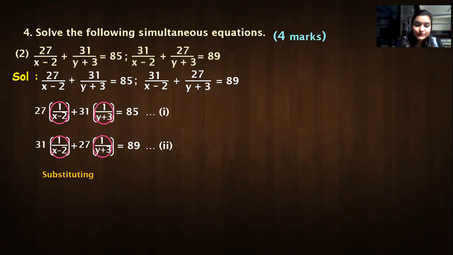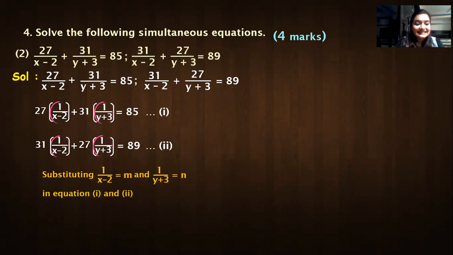So substituting 1 upon x minus 2 as m and 1 upon y plus 3 as n. Wherever you have 1 upon x minus 2, you will replace it by m, and wherever you have 1 upon y plus 3, you will replace it as n.